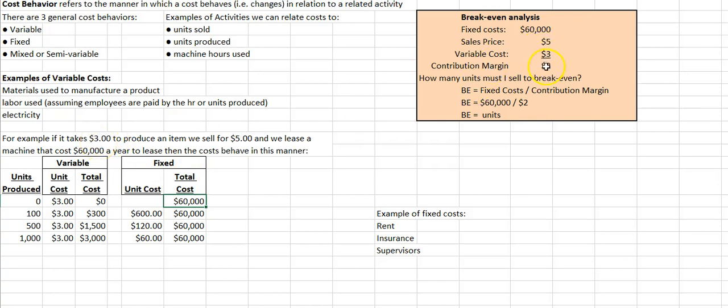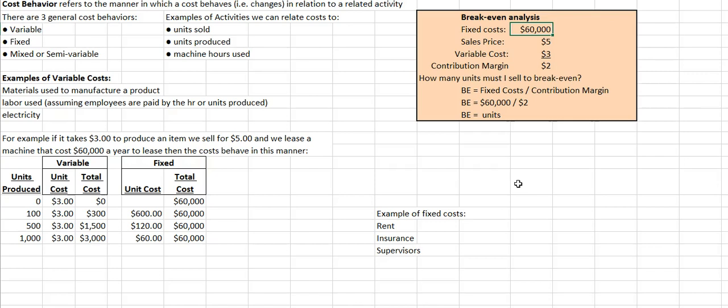So on a net basis, I get to keep $2 for every item that I sell to contribute to cover my fixed costs. After it covers my fixed costs, then it goes down to my bottom line, income from operations or net income, whatever you want to call it, right? So if my sales price is 5, my variable cost is 3, every unit that I sell gives me $2 to contribute towards fixed costs.